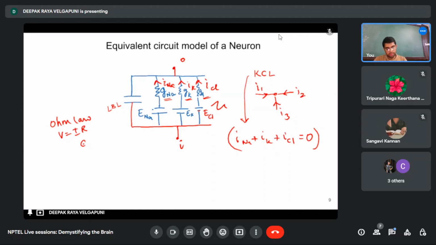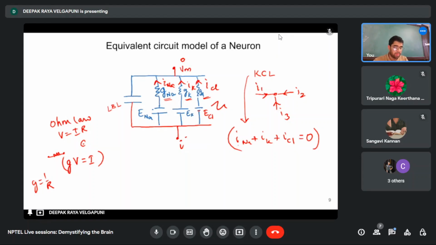So similar to that, we can calculate these currents. This is nothing but a potential difference across some component, let's say a resistor, and this is given by G times V is I, like, V is nothing but I by R. So when you sum up like this, INa is equal to, let's say, you have a potential of Vm here.